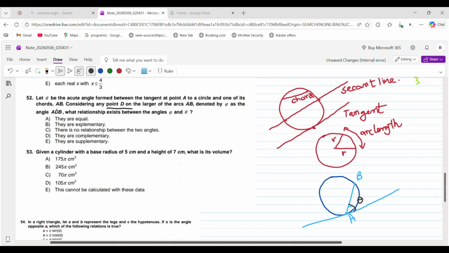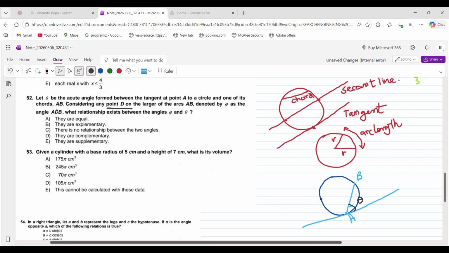Considering any point D on the larger of the arcs, okay, the larger arc is basically this, right? So we have considered one point D on it, arc AB, denoted by phi as the angle ADB.